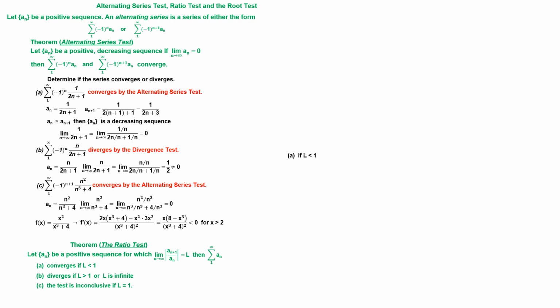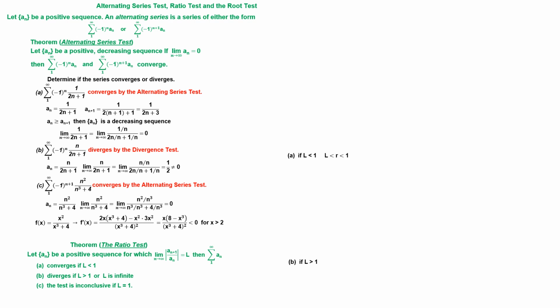1. When L is less than 1, the series converges. And 2. When L is greater than 1, the series diverges. The goal is for us to compare the given series with a convergent geometric series.